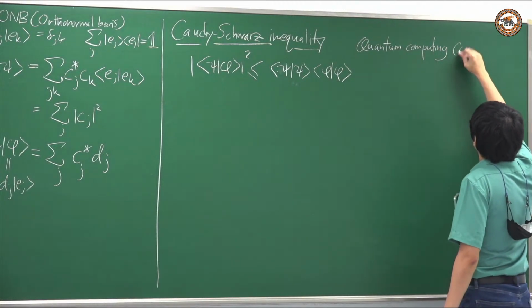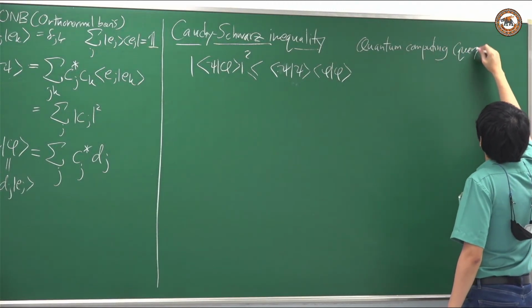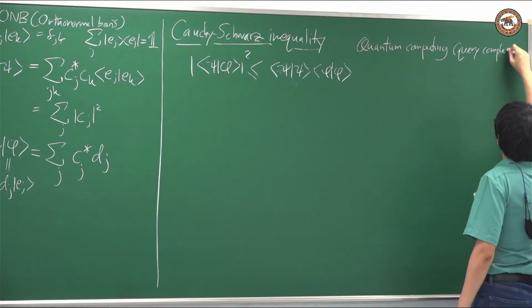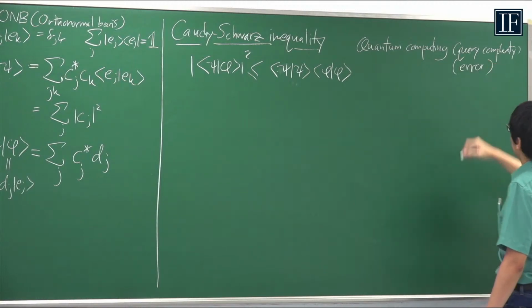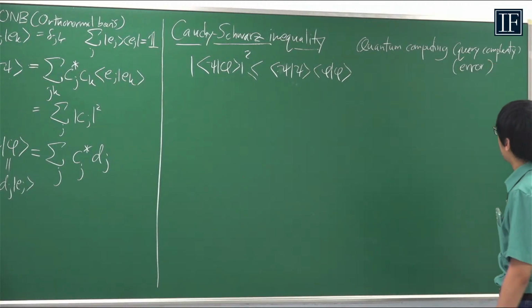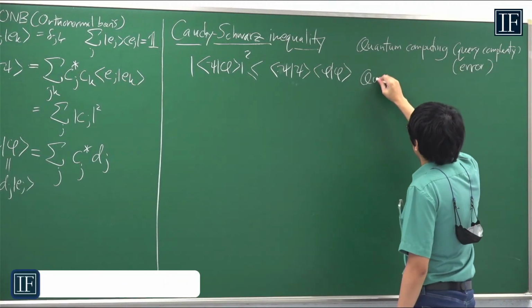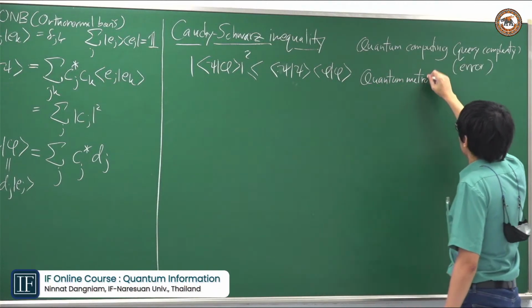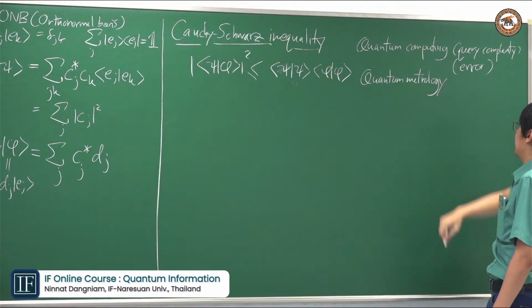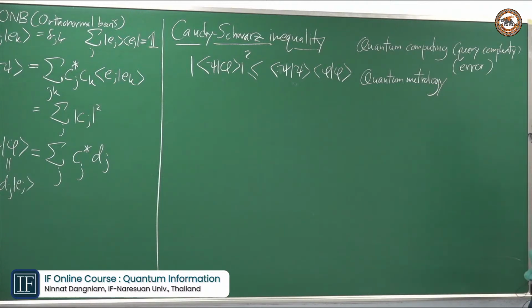Quantum computing, like in query complexity, or when you want to bound the error of each contribution of steps of computation, or in quantum metrology when you use the quantum principle to design better measurements.